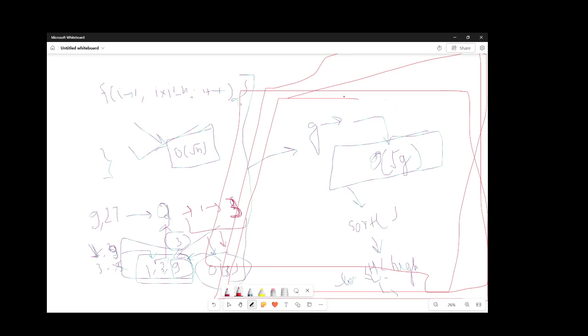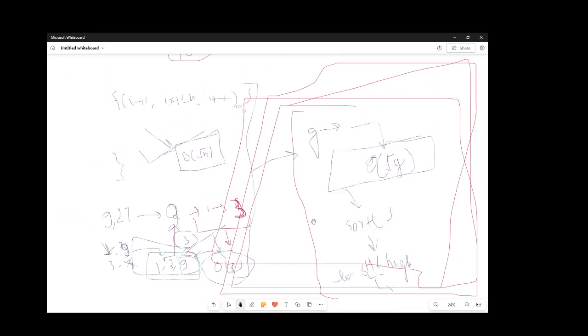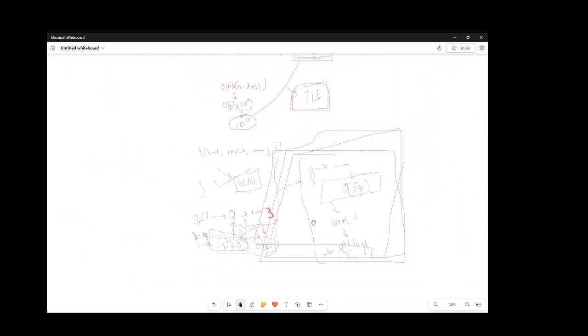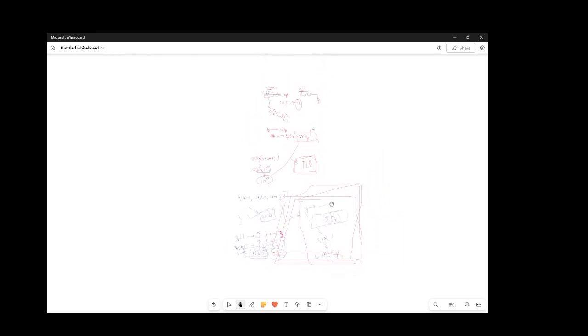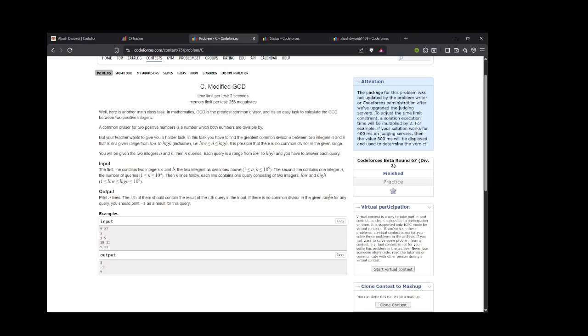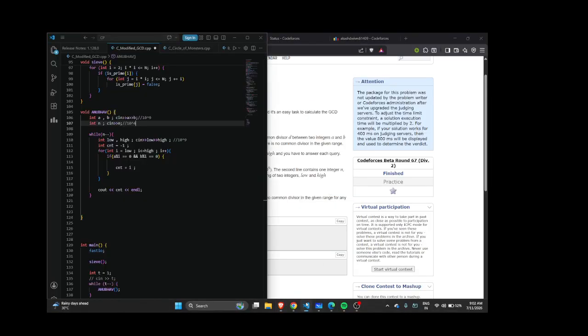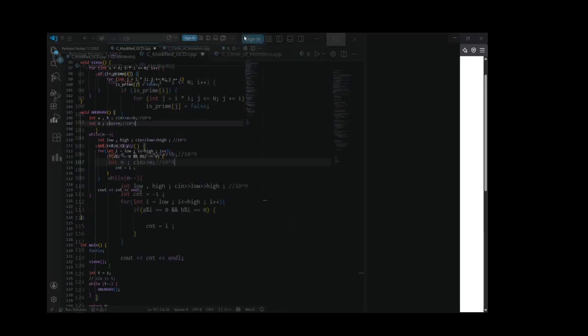So this is the overall idea that we require to solve this problem. Hope I have explained well. Yeah, I know my writing is pretty bad. I'm not able to write the mathematical part properly, but I tried my best to write all the things that I could. So yes, this is the solution. Now let's move to the code editor and let's code it up.